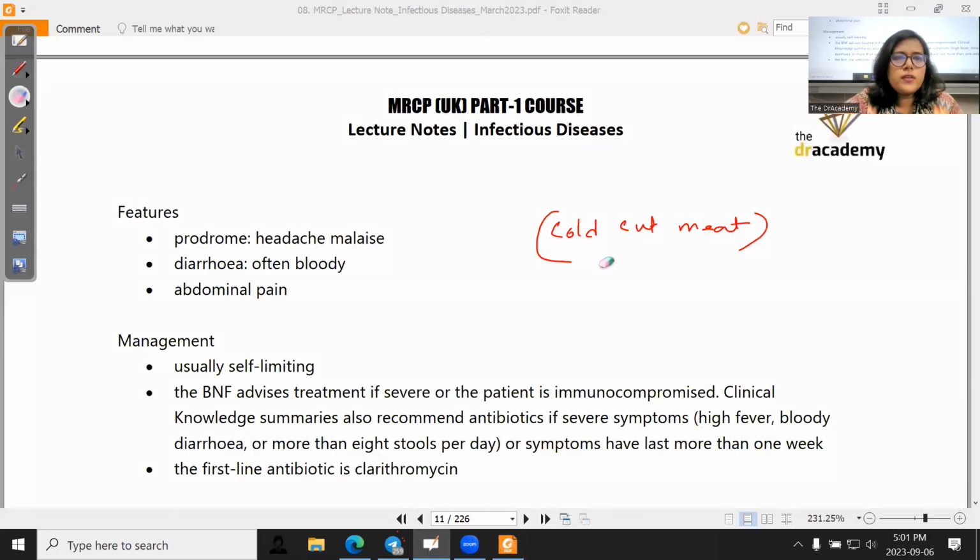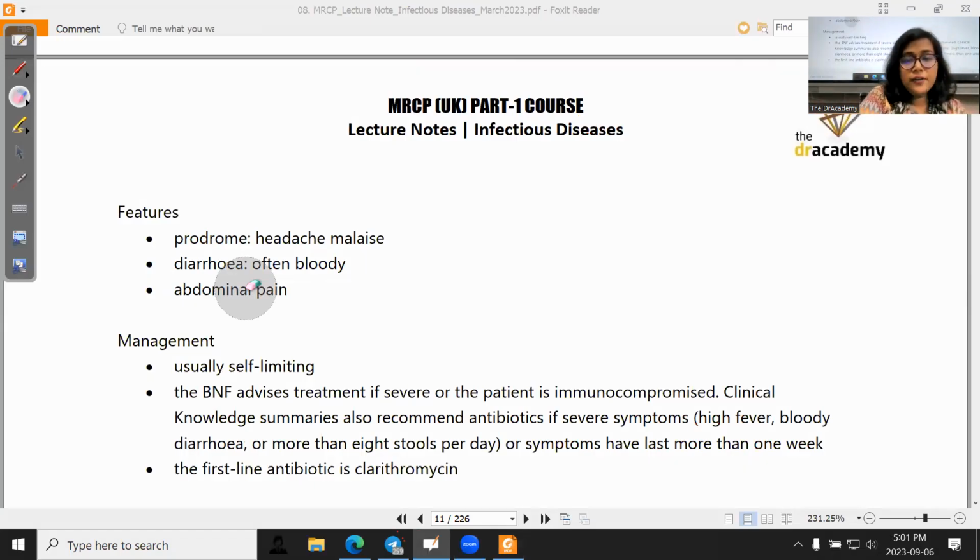Okay, so what are the features of Campylobacter jejuni? Prodromal illness is more common, so maybe low-grade fever. This is not causing high-grade fever, unlike typhoid, okay? So it usually causes low-grade fever, malaise, some body ache and headache, and diarrhea is bloody diarrhea.